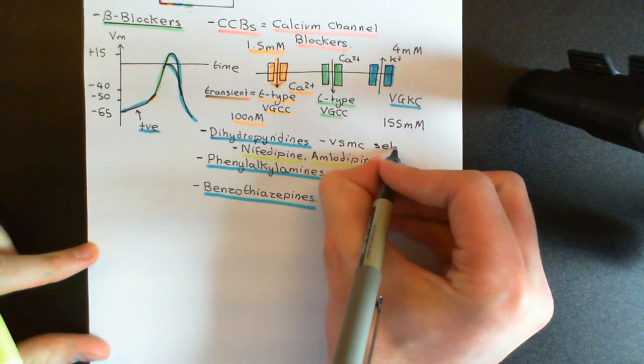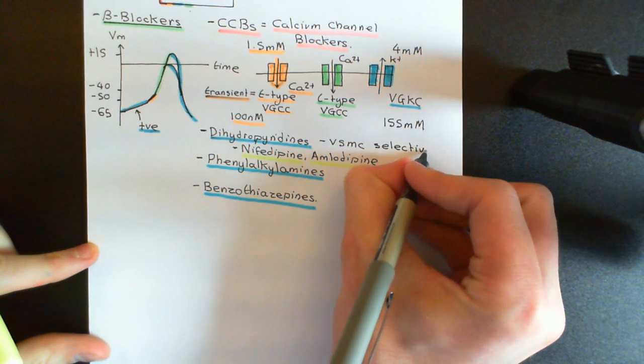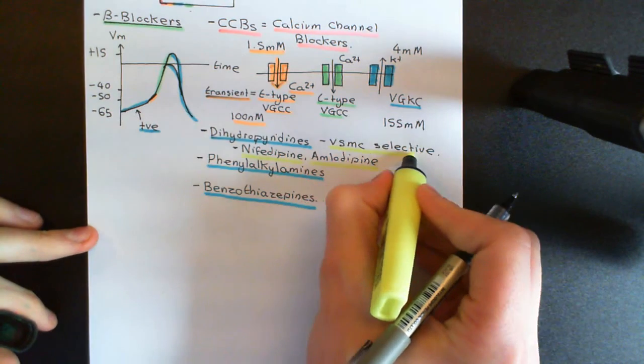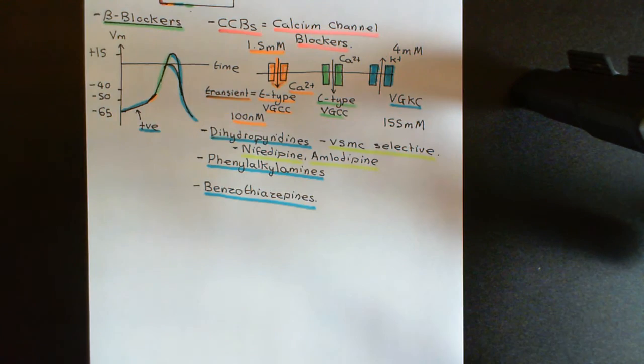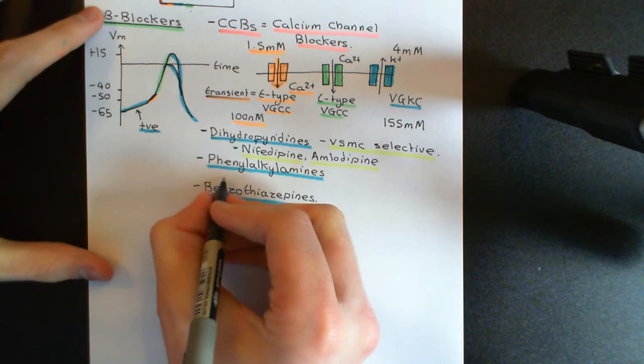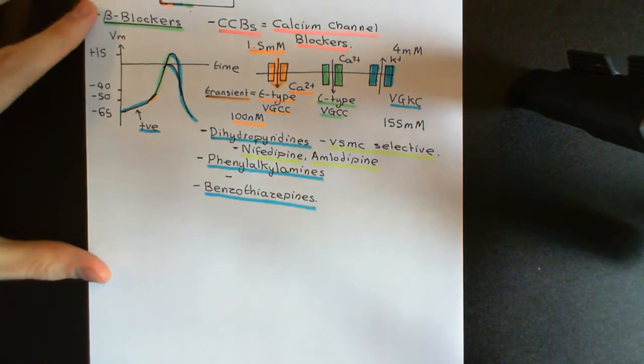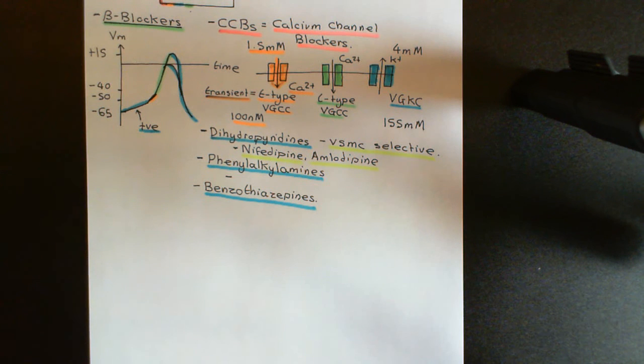So these are very good at blocking L-type voltage-gated calcium channels in vascular smooth muscle cells, and that's why they have decent effects at lowering blood pressure, because they can cause relaxation of the vascular smooth muscle cells, and that will cause vasodilatation. Vasodilatation allows more blood to move back from the arterial side to the venous side, lowering blood pressure.